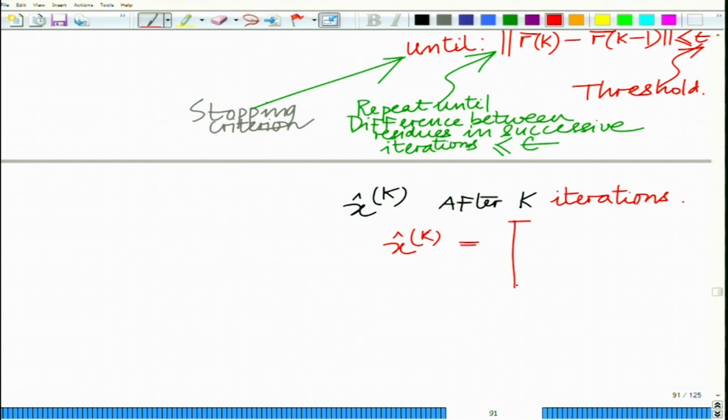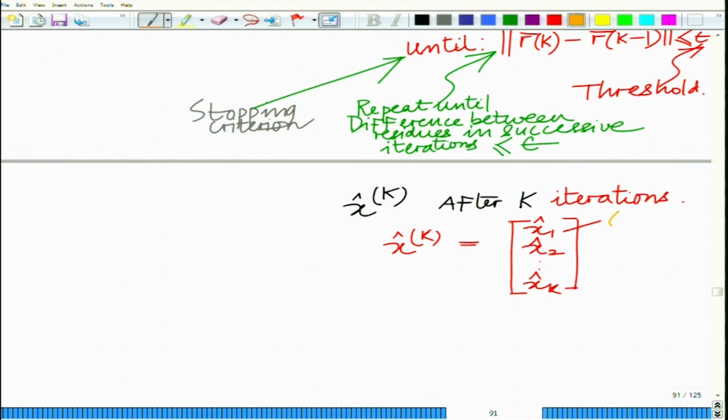Naturally, if you look at x hat k, that will have elements. Remember, after k iterations the augmented matrix has k columns. So, the estimated vector has k elements, x hat 1, x hat 2 up to x hat k. But remember, these correspond to columns.